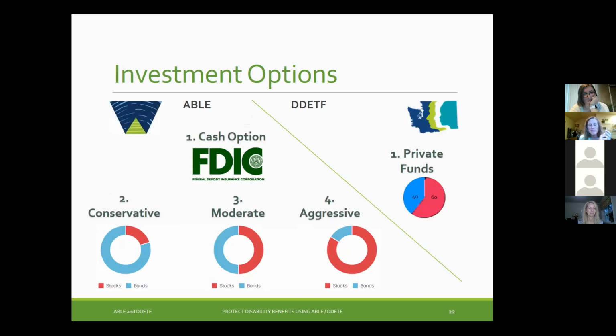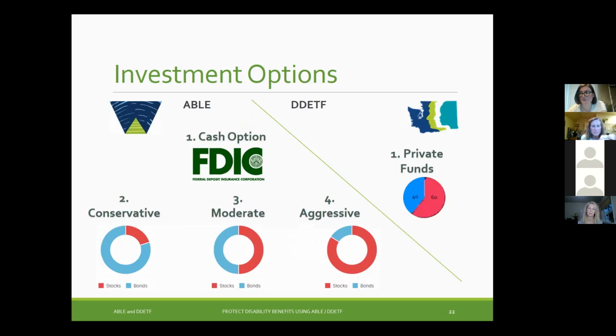Okay, with the ABLE program, there are different ways to invest your money. You can invest in a conservative or moderate or aggressive option, or you can simply save your money.